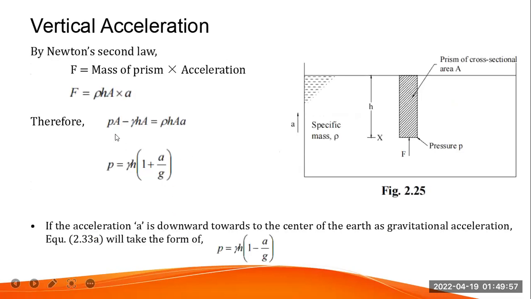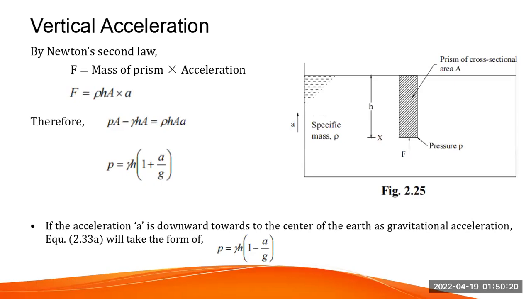So equate natin siya dito sa ating Newton's second law. So therefore, yung ating forces, i-equal natin siya. So meron tayong equation na pressure times area minus unit weight times height times area.